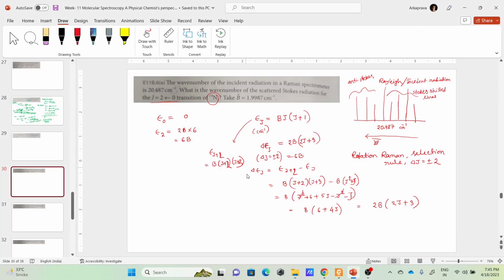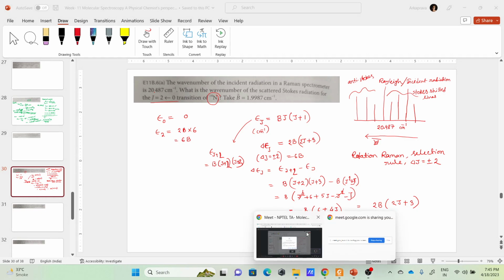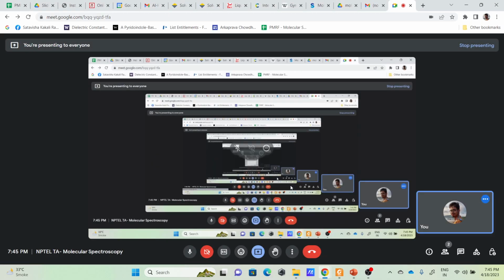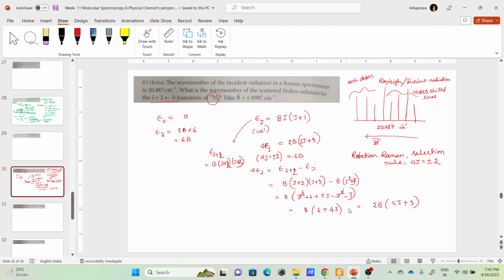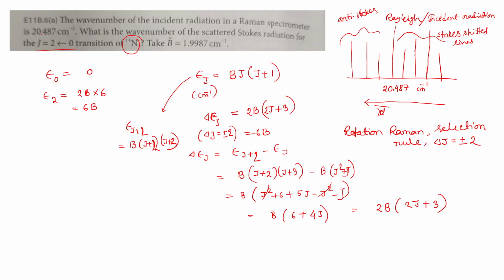So here you will see the rotational line takes place at 6 into 1.9987 centimeter inverse. Let me check what this is.